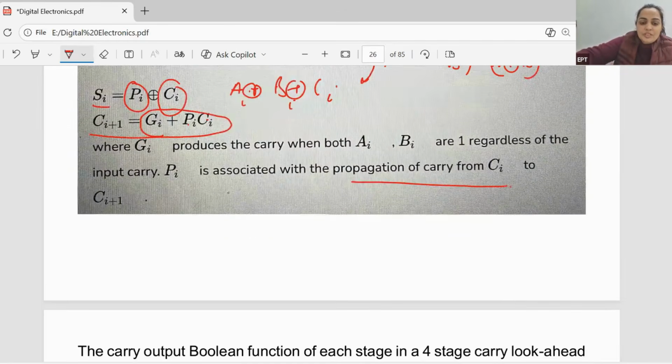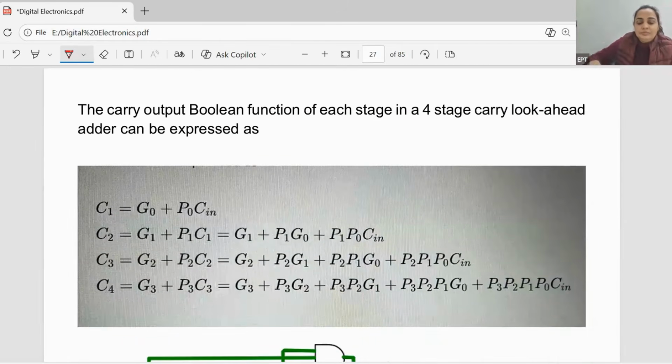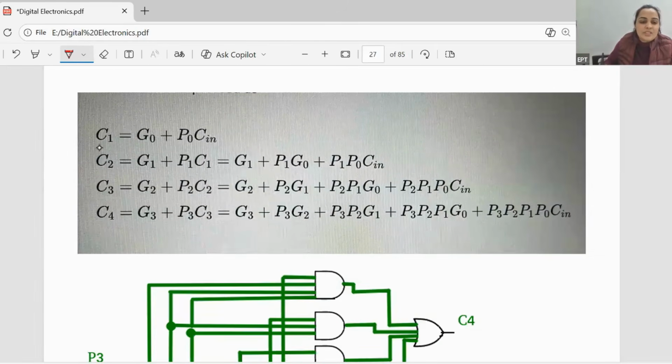Okay, now see here, C1, this is the output of the first adder, right? Carry output, that is on the right hand side, the extreme right one. So this is going to be G0 plus P0 C in, right?